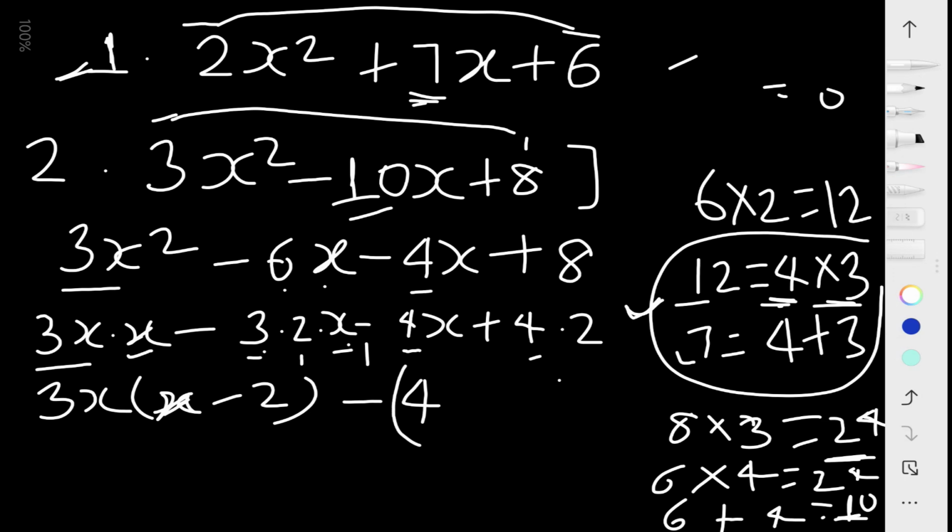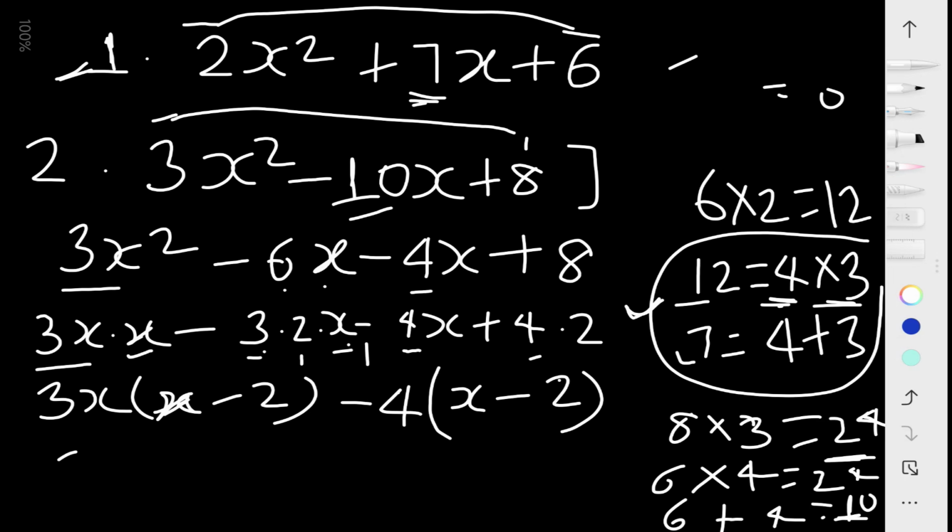Sorry, 4 is common, actually minus 4 is common, so here in the bracket x minus 2.